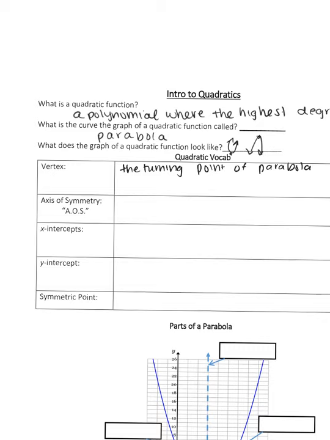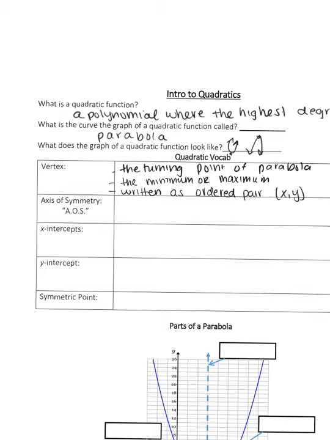It could also be defined as the minimum or the maximum. So that's the highest or the lowest point of the graph. And lastly, the vertex is written as an ordered pair. So these are all the important facts that we needed to know. Written as ordered pair. And we know that an ordered pair is x, comma, y.